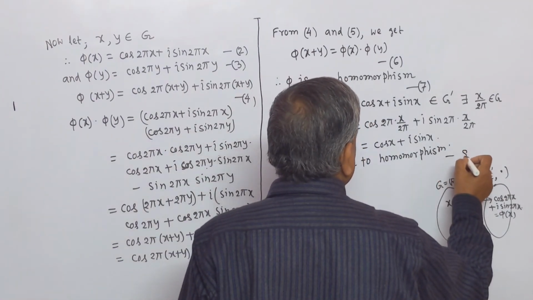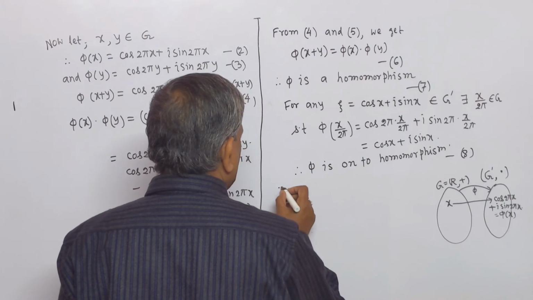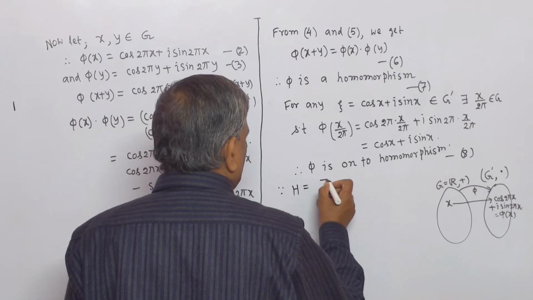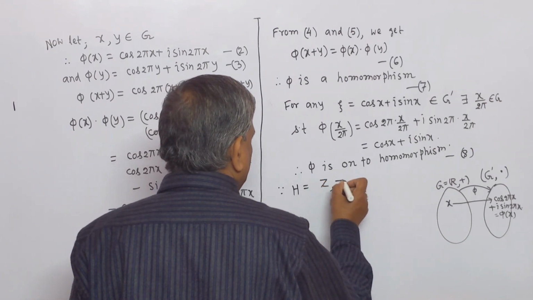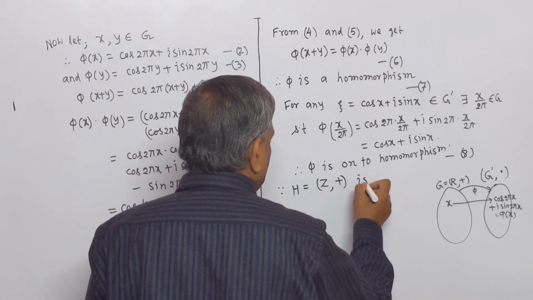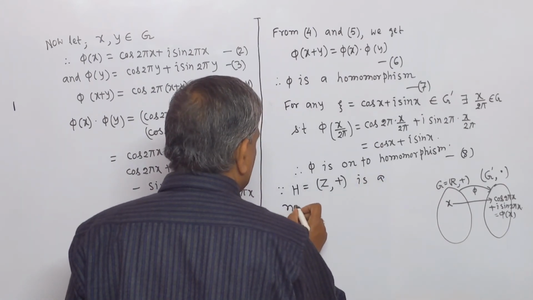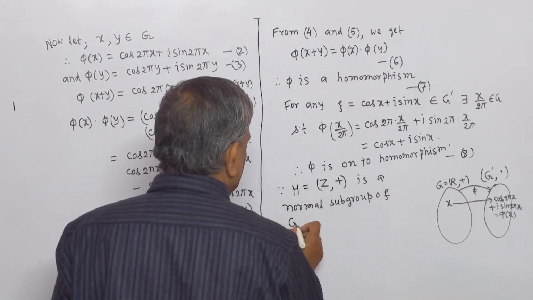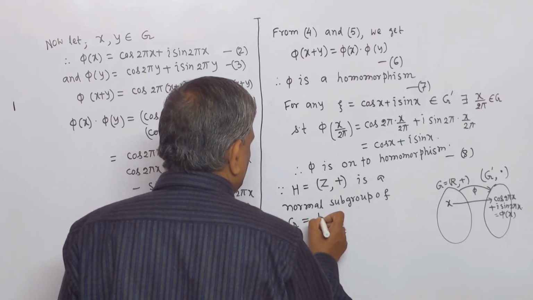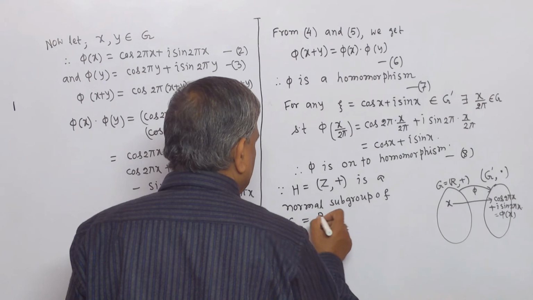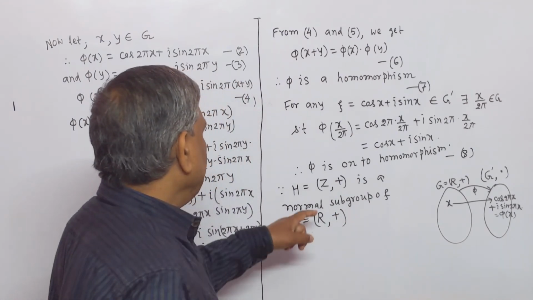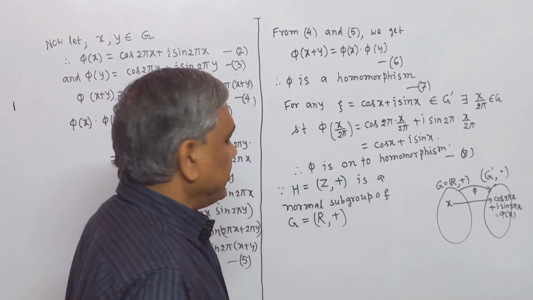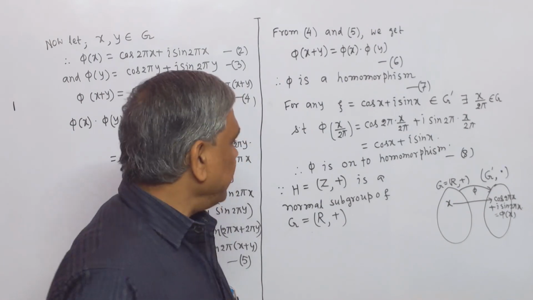This is number 8. Since H equal to set of integers with binary operation addition is a normal subgroup of G, which is equal to set of real numbers with binary operation addition, because left coset of Z equal to right coset of Z with respect to binary operation addition.